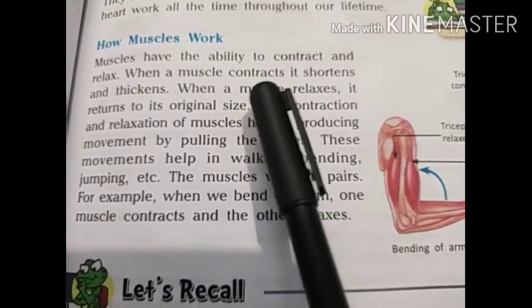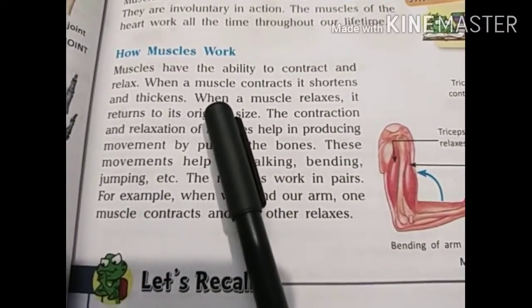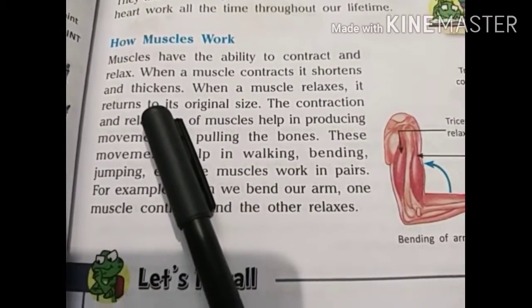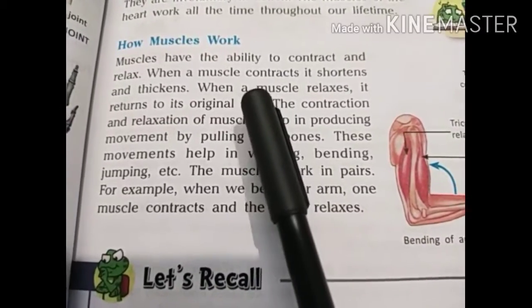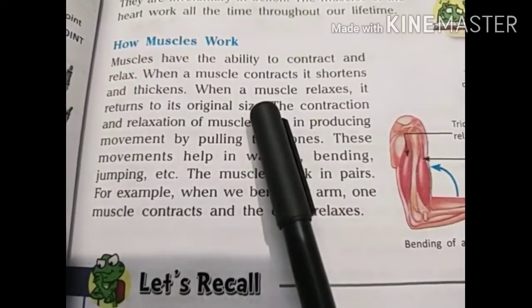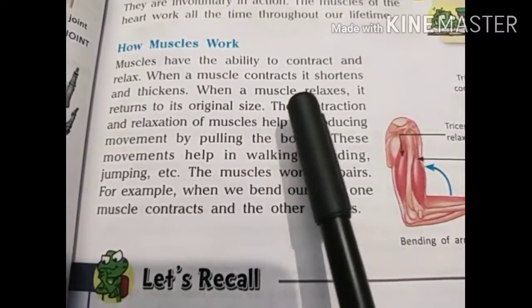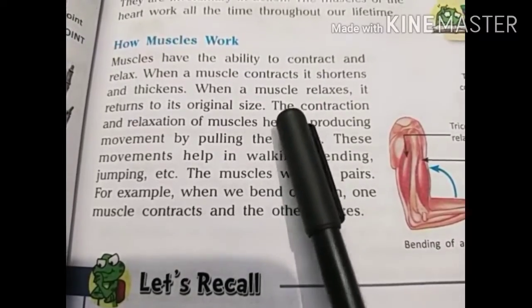Muscles have the ability to contract and relax. When a muscle contracts, it shortens and thickens. It means muscles have the capability to contract, or reduce in size, as well as to relax and increase in size.